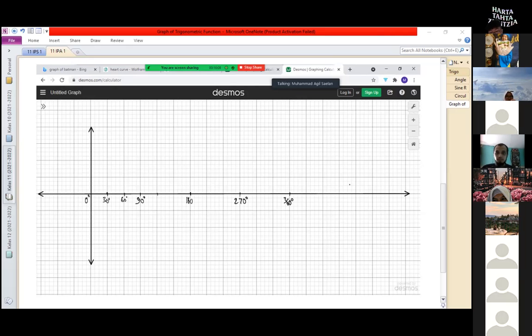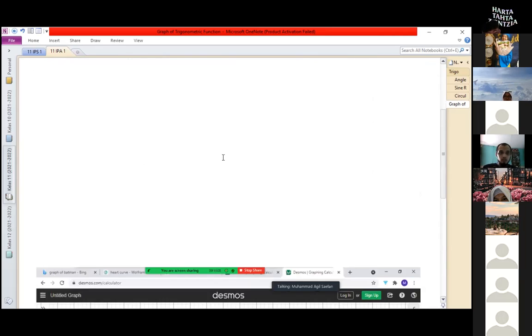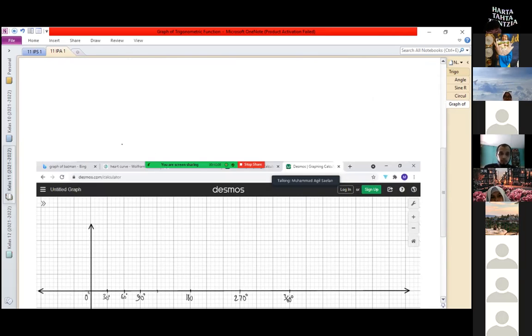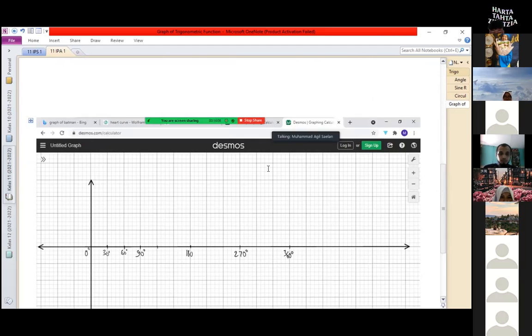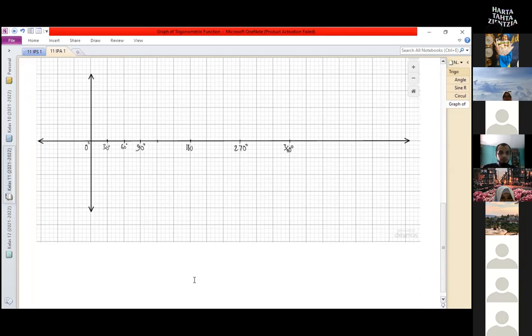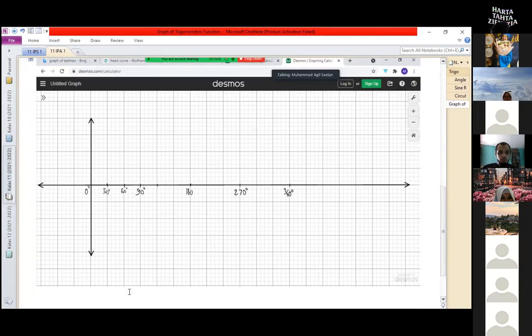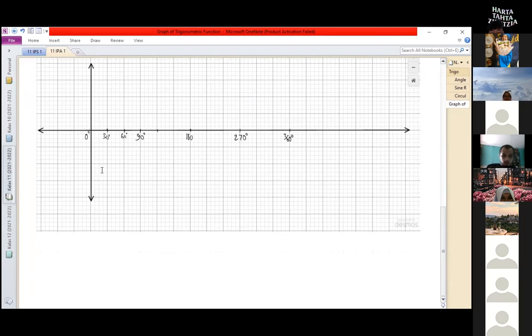So yeah, this is the table. Okay, I'll put it here. I'll put it down here or up here. Down here is better.